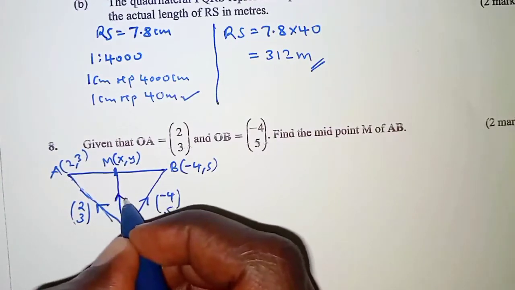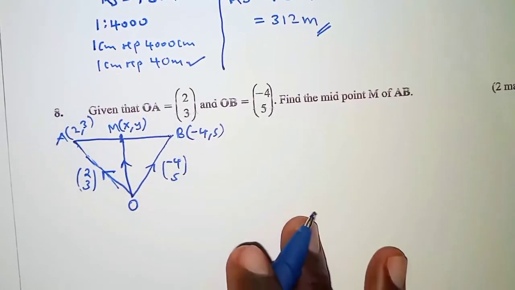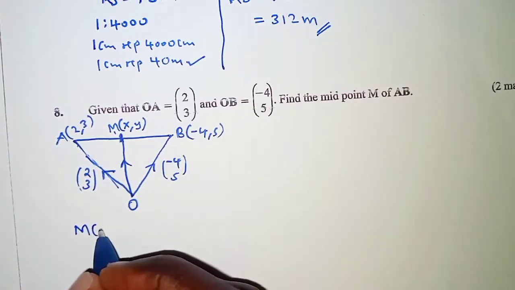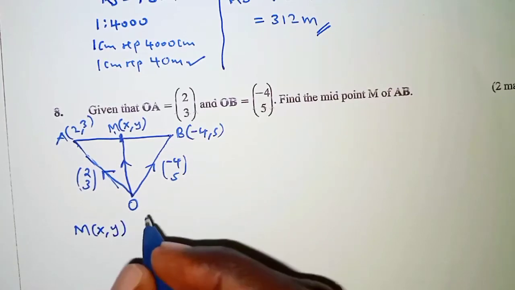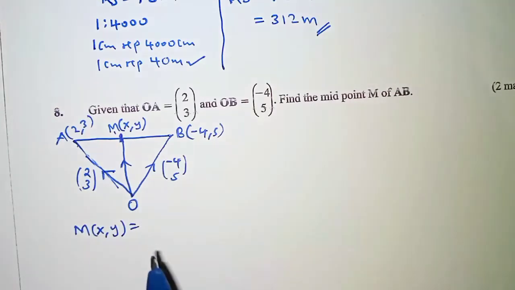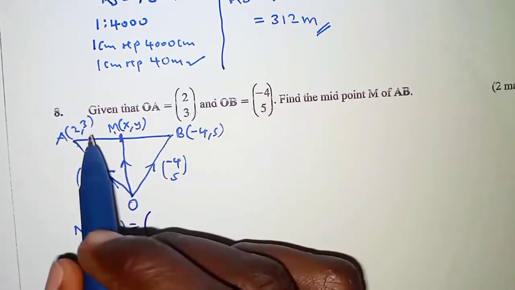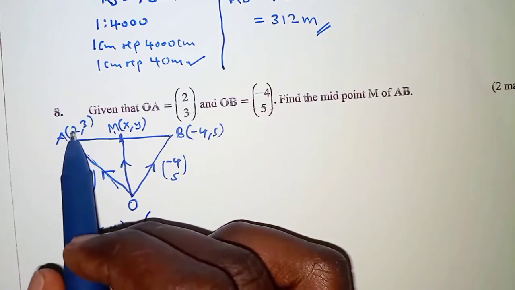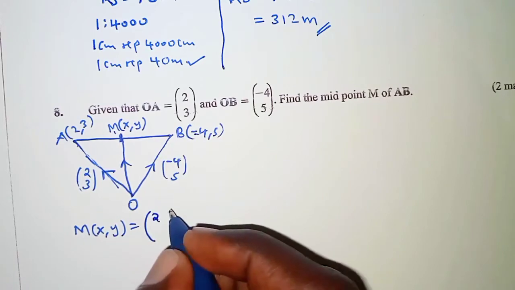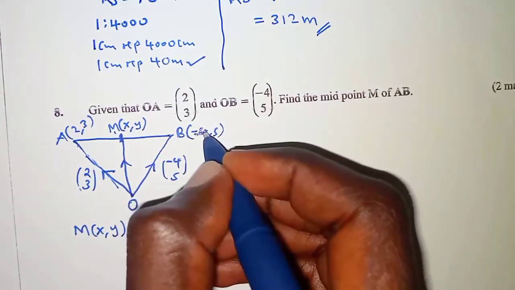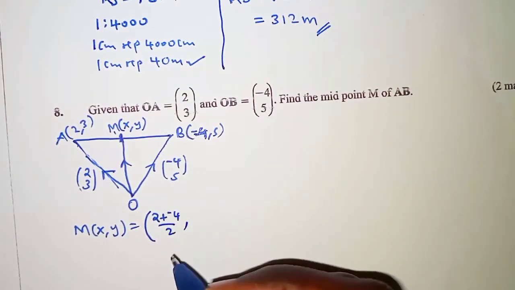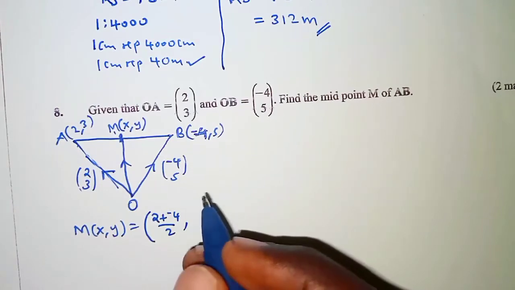So we have two approaches to take here. The first one, we are going to get the midpoint M by simply finding the averages of the X and Y coordinates respectively. So if we have for A 2 and then we add -4 for B, so we have (2 plus -4) over 2, so that will give us the X coordinate for the midpoint.